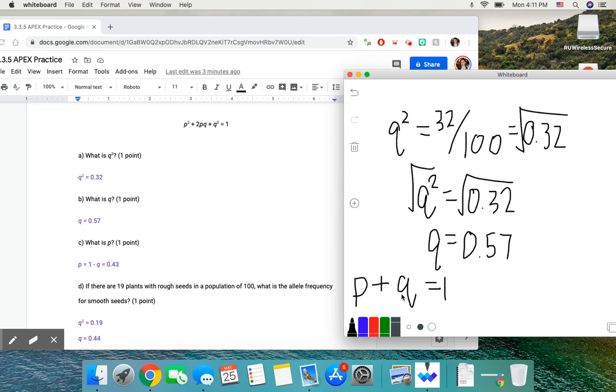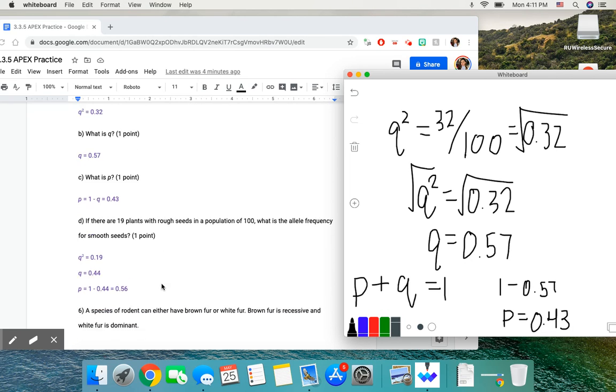So to solve for P, we already have our Q. So we're going to plug that in, and essentially we're going to do 1 minus 0.57, and that's going to give us P, which is going to equal 0.43. So now if you want to check your work, all you have to do is that Q value, 0.57 plus 0.43, and that will give you 1. So that's how you solve for P also.